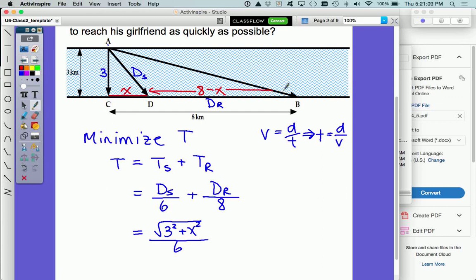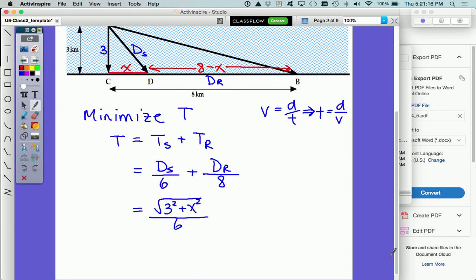The distance running is 8 minus x. And so I can now put that into my equation. And my equation finally becomes 8 minus x over 6. And now I have an equation for time in terms of a single unknown.